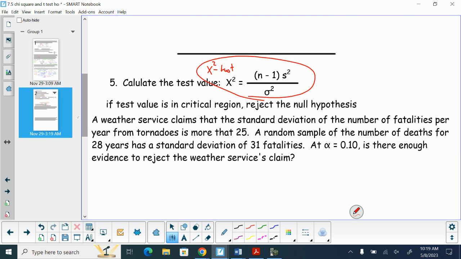Even on the other side, if you want to write that down on the other side, that's fine too. It goes back to our central limit theorem idea, but if you want to write it down, that is fine.